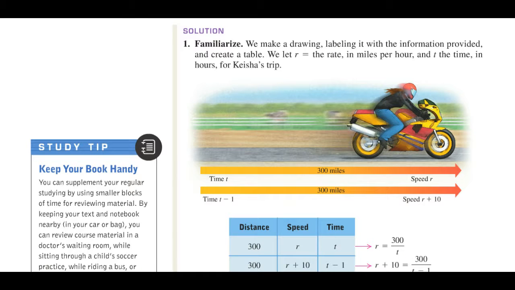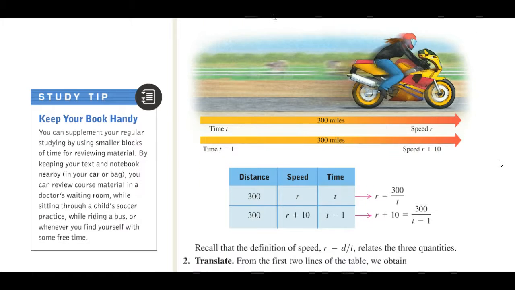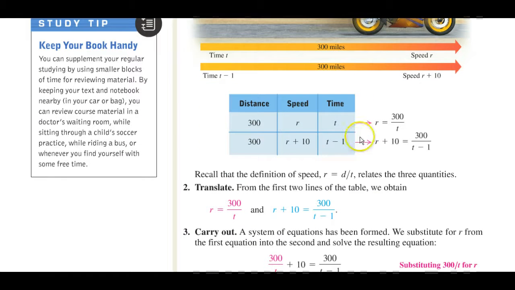And let's move it up a little bit. So we have distance is 300. Distance is 300. Your time is t. Your speed is r. For this one, it's 10 miles more, 1 hour less.